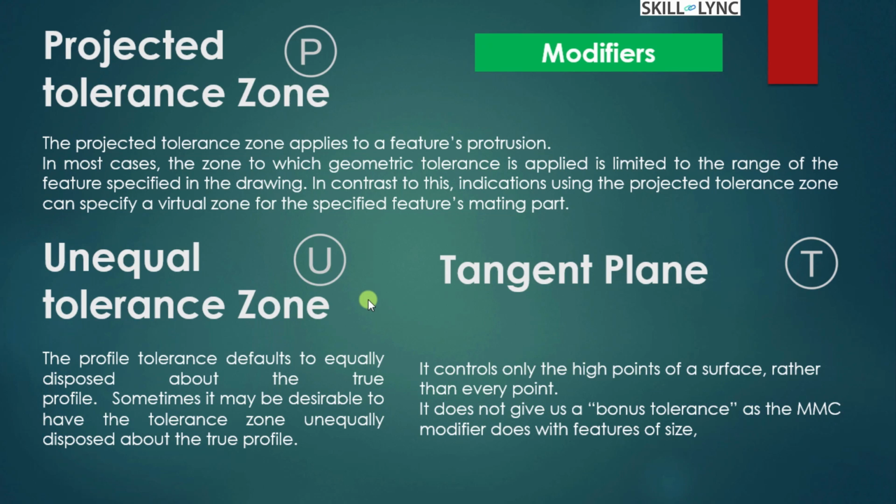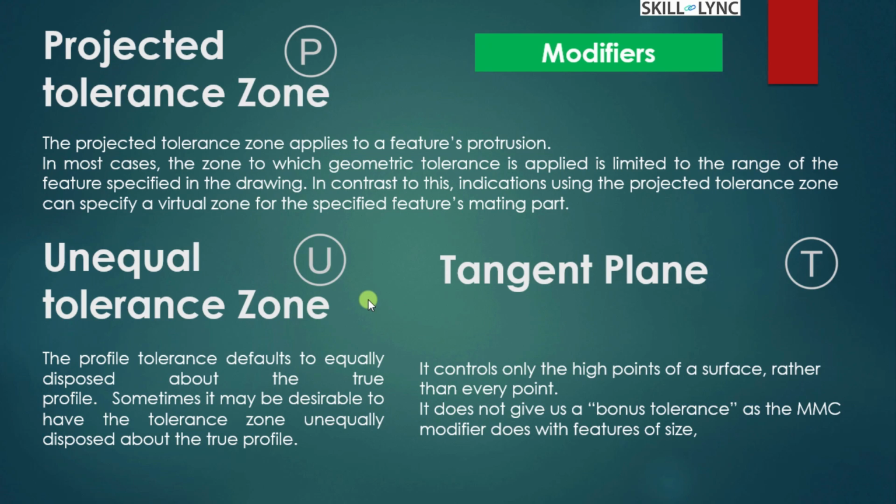Whereas if we apply the tangent plane modifier, it means that you position a tangential plane to the high points of the surface, so that instead of considering each and every point, if the high points of the surface, that is tangential to the surface, come within the tolerance zone of parallelism, then you are satisfying it.